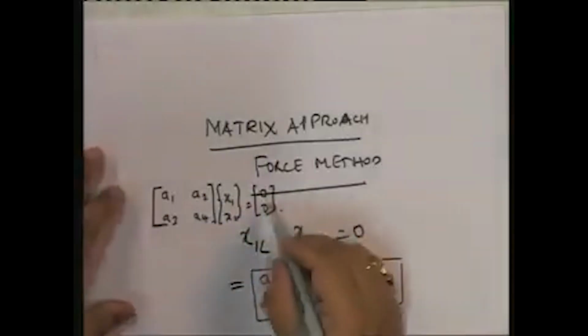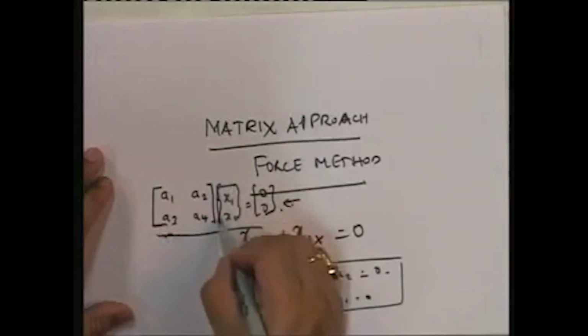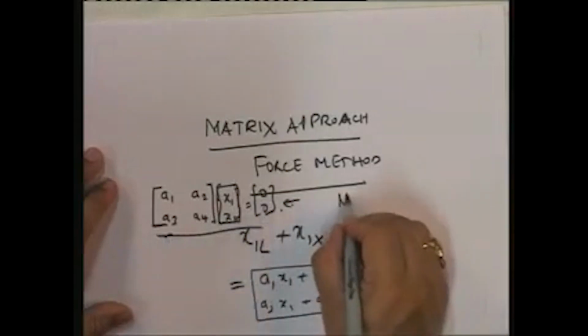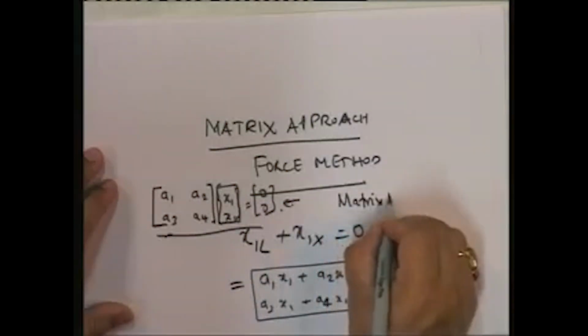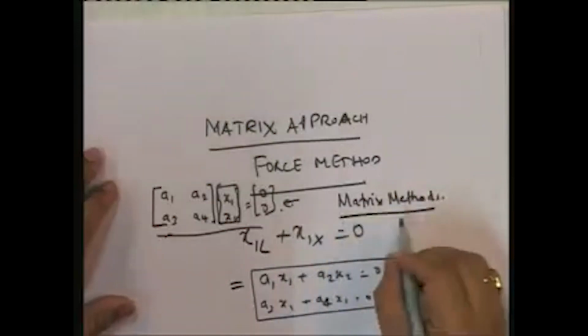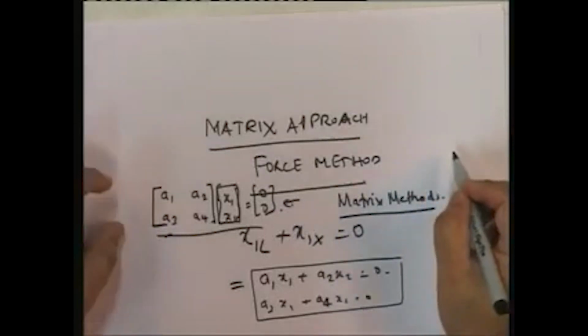And this is nothing but a matrix. What do we need to do? We need to solve for x1 and x2, and we can solve that using the matrix methods.